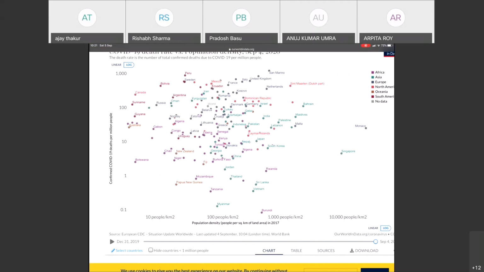Say, for example, suppose we are comparing China with some other country. That has to be done based not only on population density, but also on the level of development. At the same time, it would make sense to look at how much money the country spends on medical infrastructure.